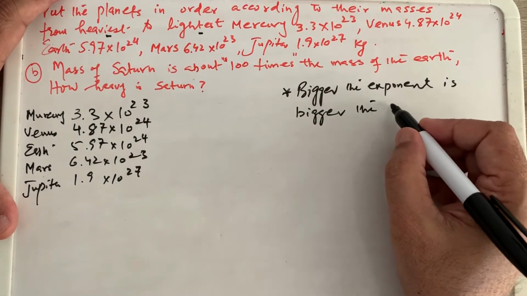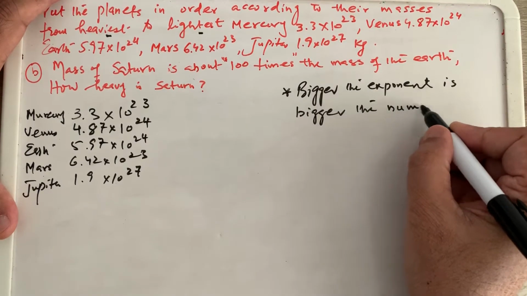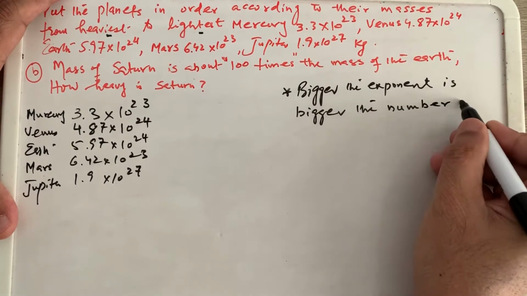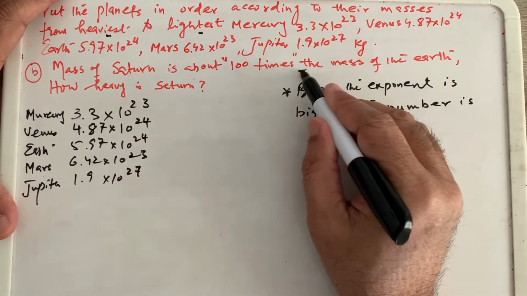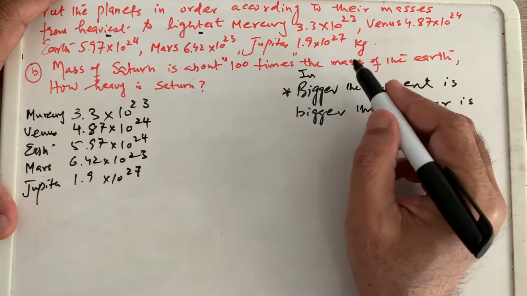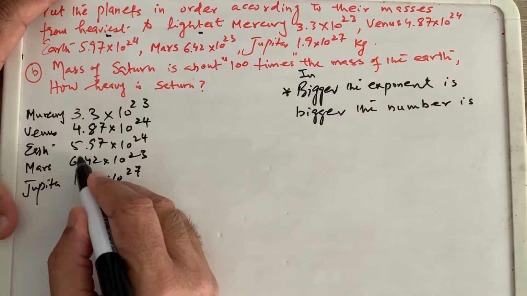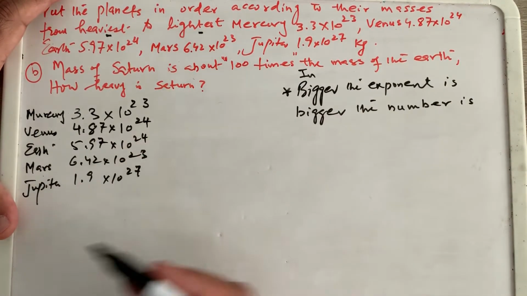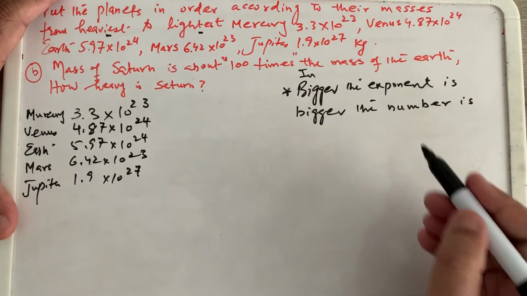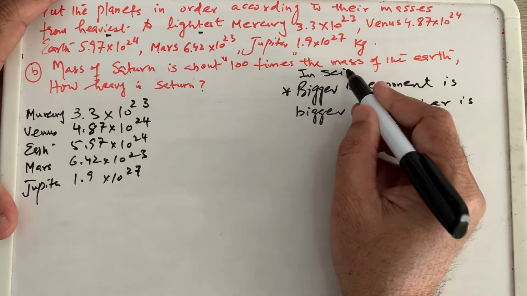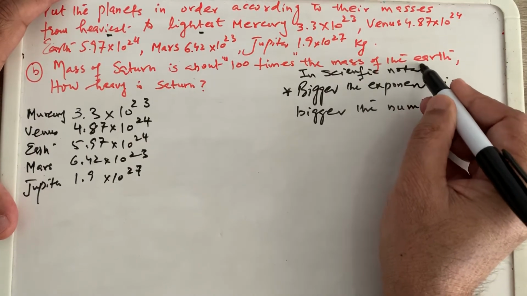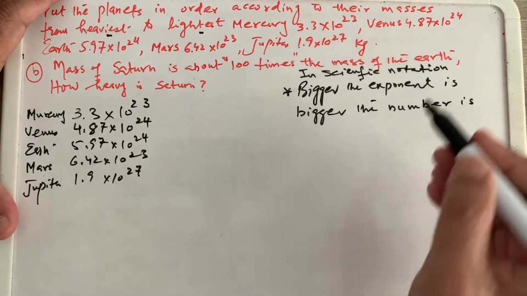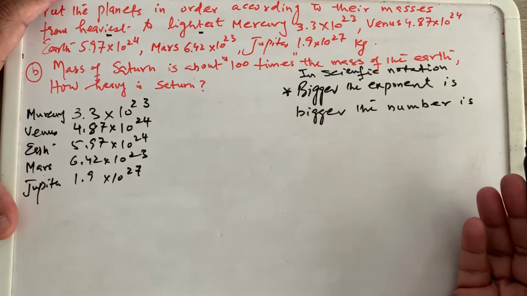This holds in scientific notation, not in others, because in scientific notation all we have is a decimal after one place. So all of them are in scientific notation, and one rule we have is that the bigger the exponent is, the bigger the number is.